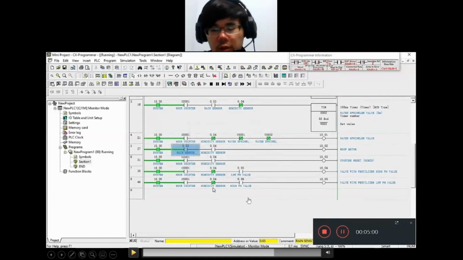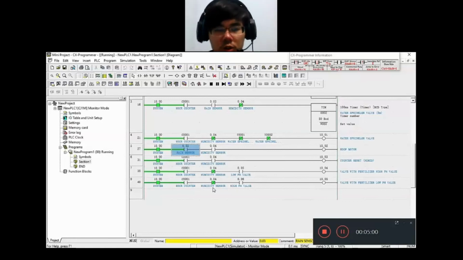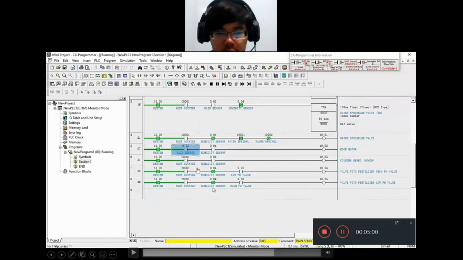And now the water sprinkler will irrigate the crops only if the humidity sensor senses that the humidity of the soil is dry. So here we use the humidity sensor as a switch to control the fertilizer with high pH value and low pH value.